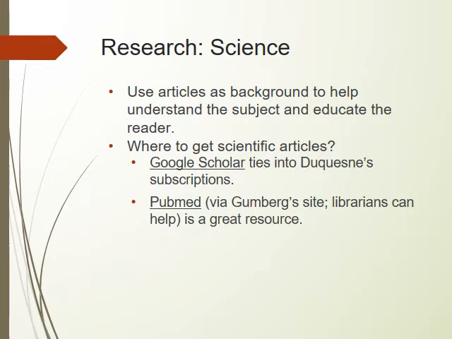And if that article is freely available because Duquesne subscribes to that journal, then you will have a link on the right-hand side that will permit you to get a copy of that article for free. Not all articles are free, and I'll tell you how to address that in a moment.